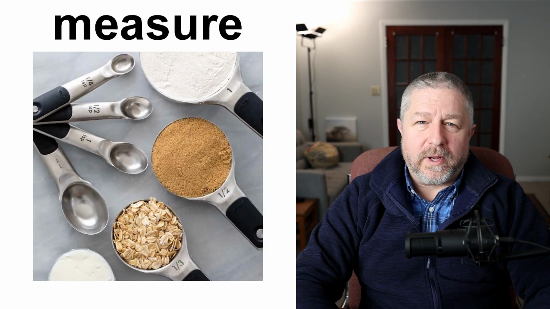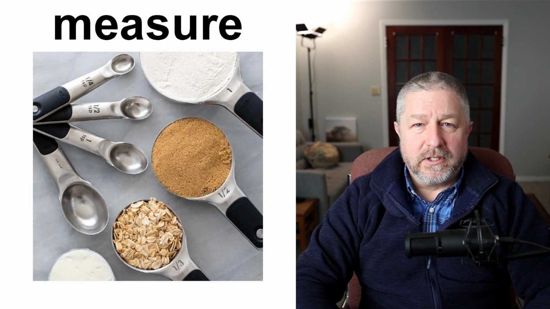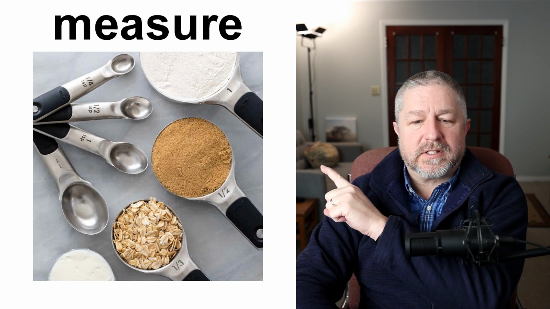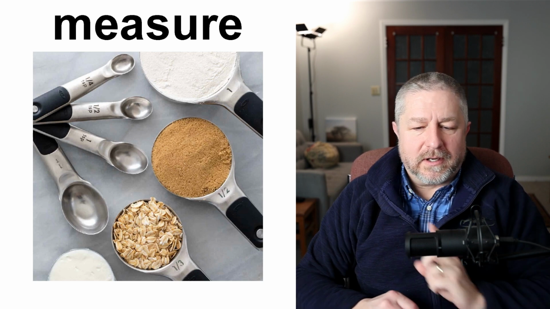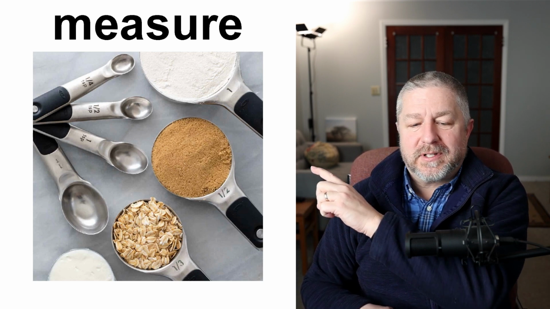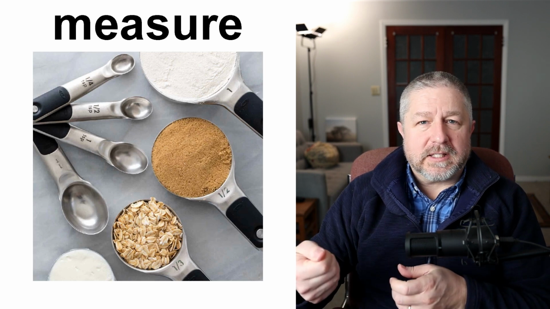Now, of course, whenever you make something in the kitchen, you need to measure your ingredients. So you'll have little measuring spoons on the far side or measuring cups. I wish I could point better. The big things are measuring cups. The small things are measuring spoons. And you will measure things out.